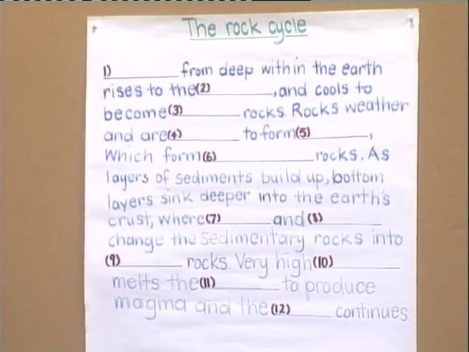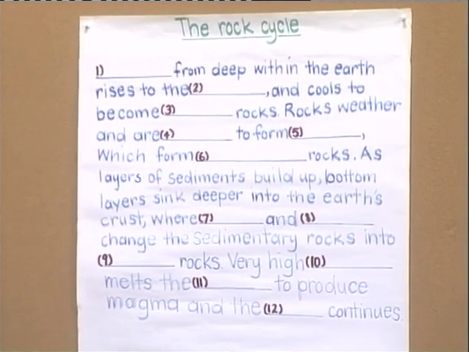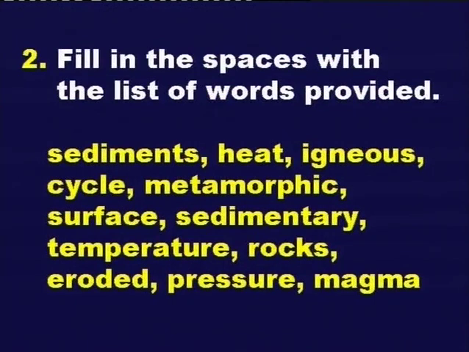Second part of the activity, you are to fill in the spaces with a list of words provided. And the words we have are all here. We have the words sediments, heat, igneous, cycle, metamorphic, surface, sedimentary, temperature, rocks, eroded, pressure, and magma.